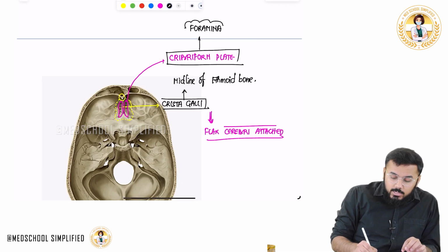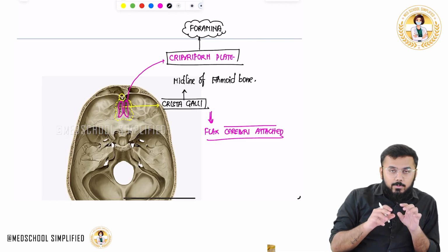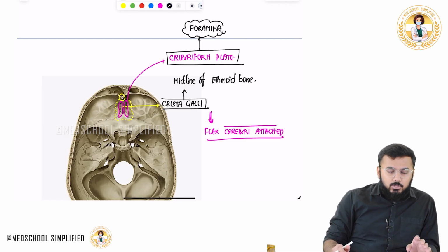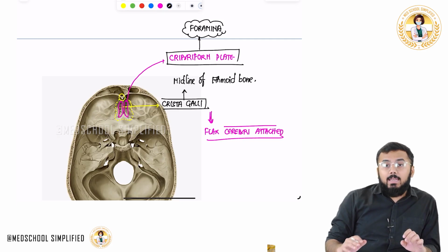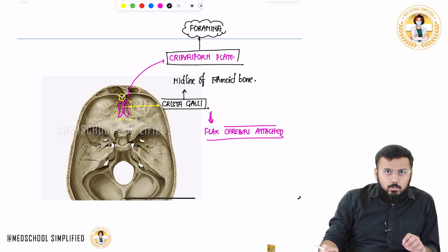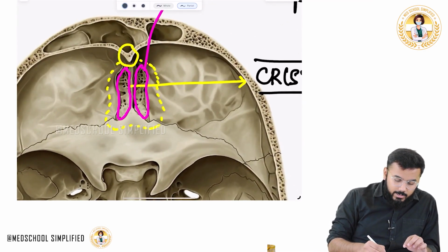Now, in this cribriform plate, if you see, you have got multiple foramina. Okay. So, these foramina which you can see over here are scattered here and there, right? But actually, these foramina are divided into two types. So, one group of foramina are tiny multiple foramina, and next there are two large foramina also. Okay. So, if you look at this picture over here again, let me rub this out, then it will be clear for you.